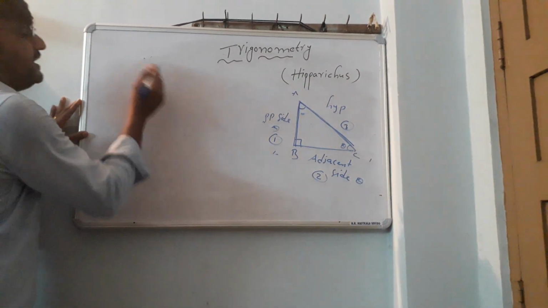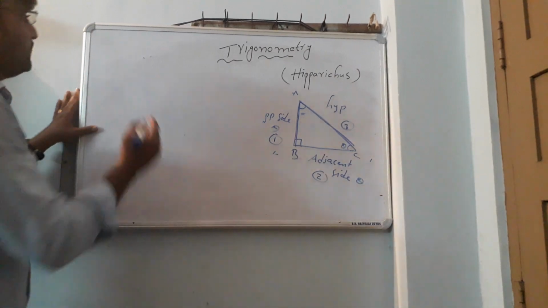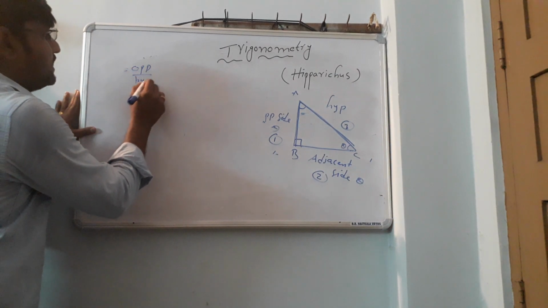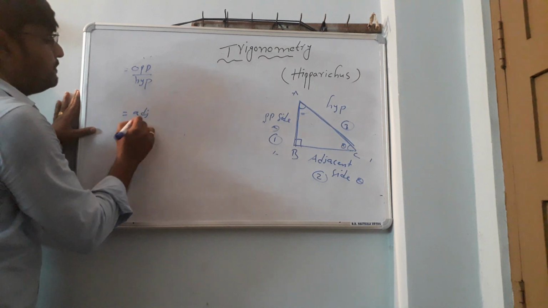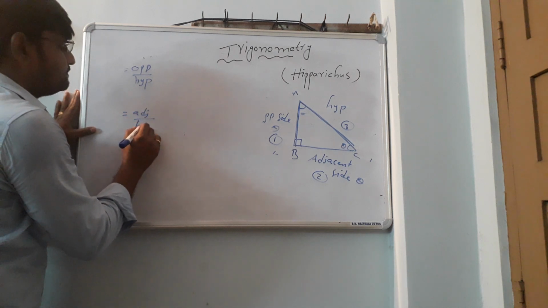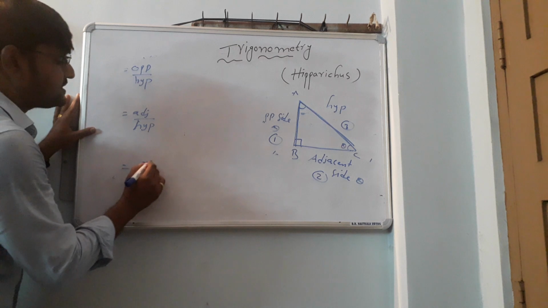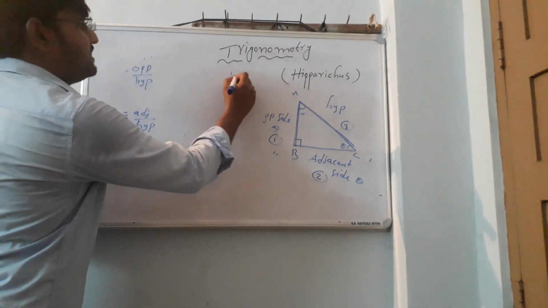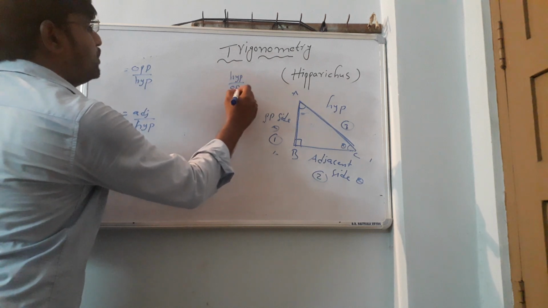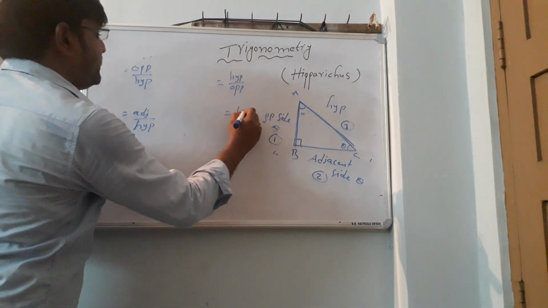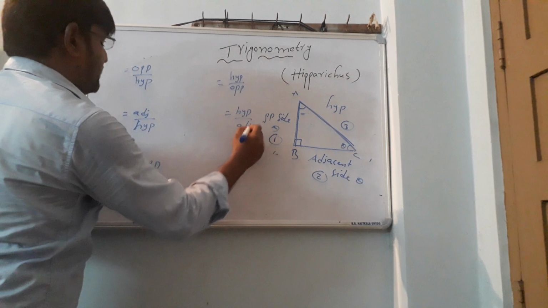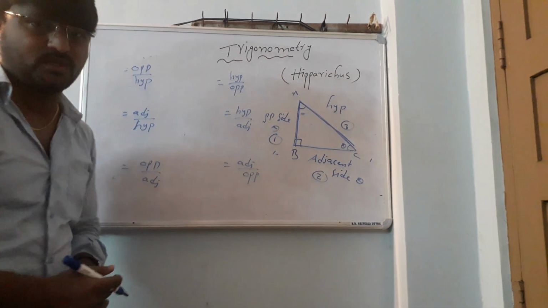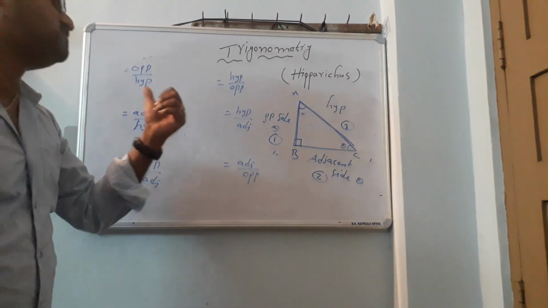First I am writing the ratios: opposite side by hypotenuse, adjacent side by hypotenuse, opposite side by adjacent side, and the reciprocals: hypotenuse by opposite side, hypotenuse by adjacent side, and adjacent side by opposite side. Total 6 ratios. Hipparchus kept different names for the different ratios.